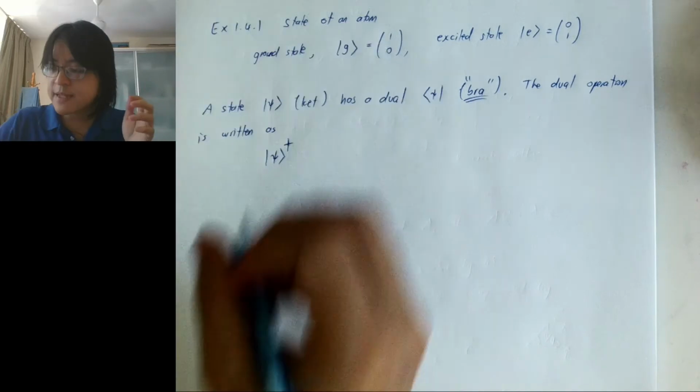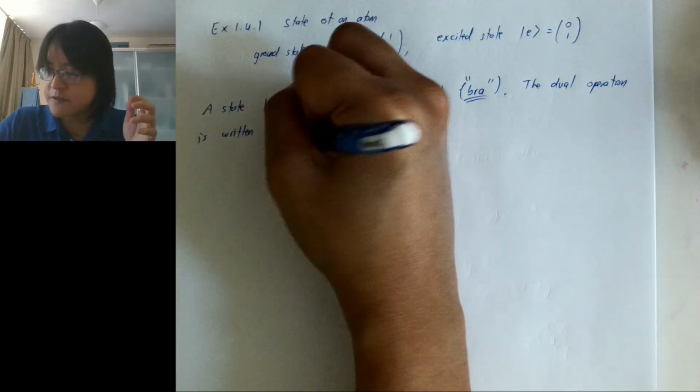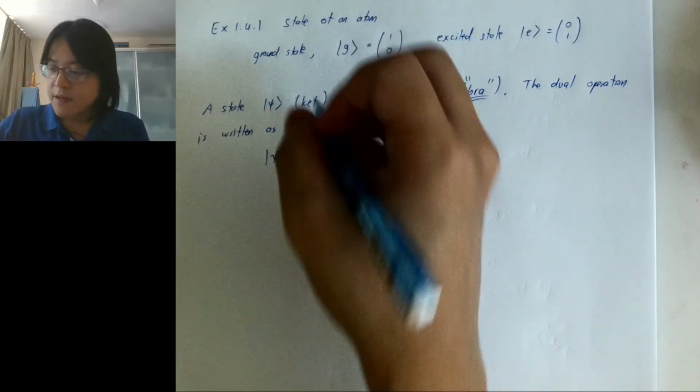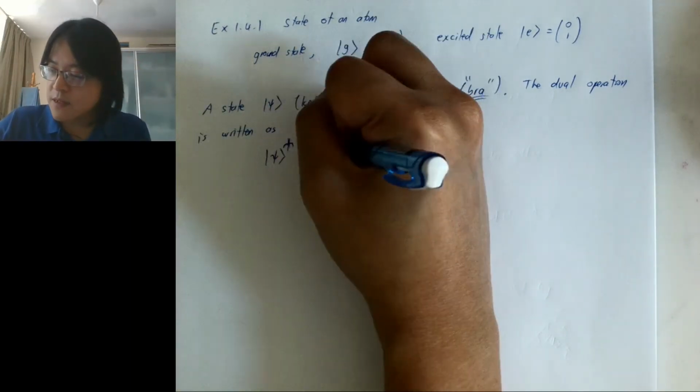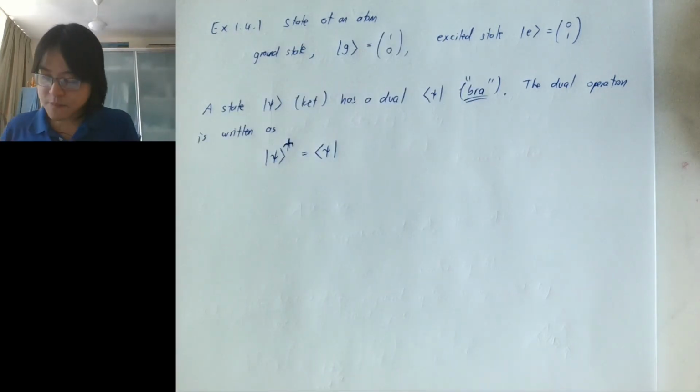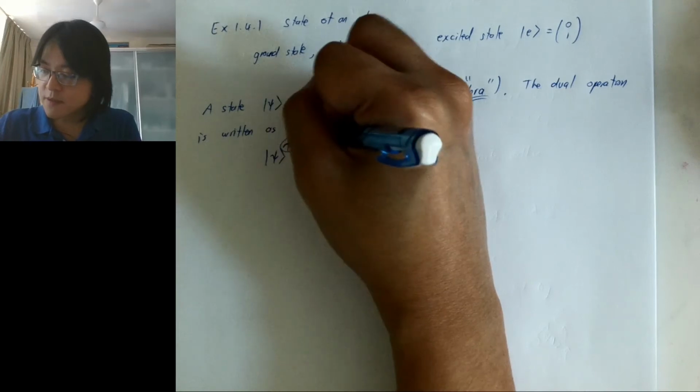We call this the dagger because in LaTeX they draw it looking like a dagger. So the dual of this will be written with this symbol.